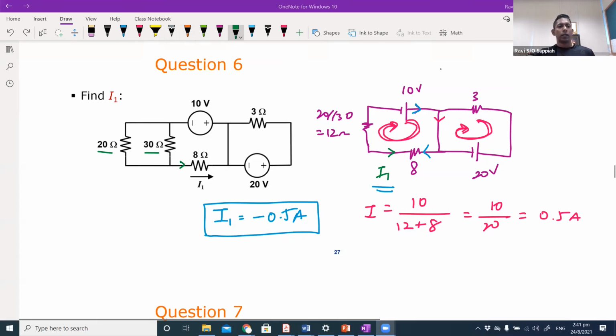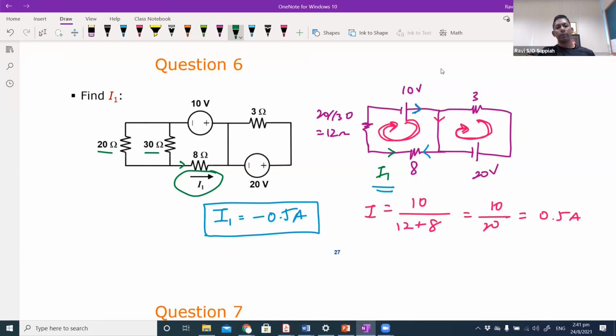So the current, like I said, the reason why it has to be negative is because the question already labels I1 in this direction. If they never specifically give you a direction, then you can just say this is 0.5 ampere flowing either from right to left or left to right.